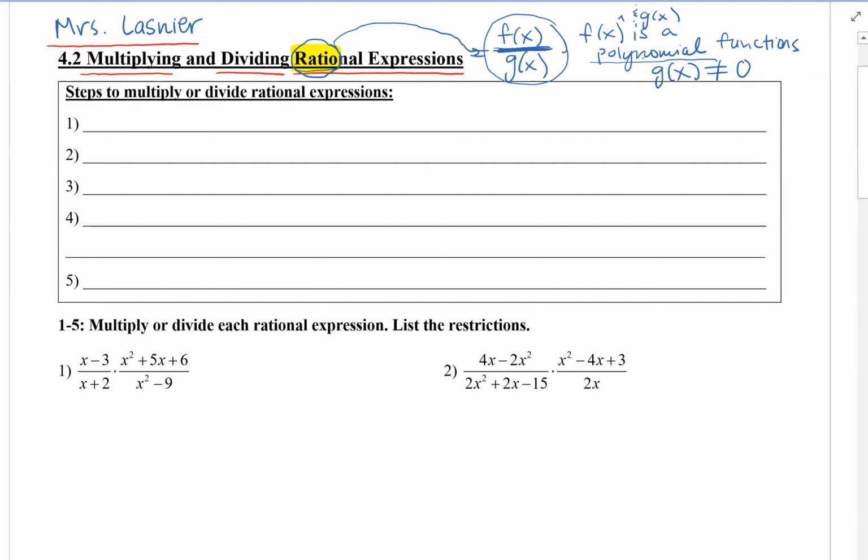Okay, so a really quick review on what a polynomial function is. I'm not going to give you the formal definition, I'll just show you some examples. But a polynomial function is basically when you have sums and differences, so plus and minus signs, and in between those plus and minus signs are either powers of x, or a product of a number and x, or just a single number, or maybe a single variable.